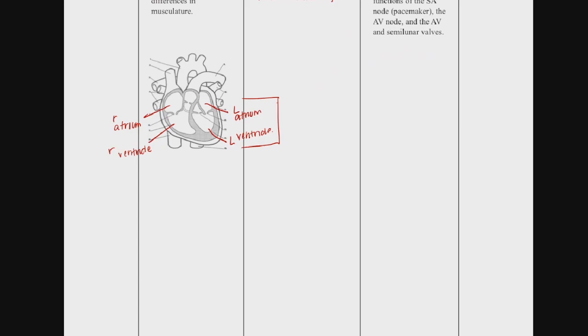There's not a lot of force that needs to be in the atrium. We can see here how much thinner this muscle is comparatively to how thick this ventricle muscle is. And that's because the atrium don't need that much force. They're not pumping the blood. They're not pushing it anywhere. It's more of a place where the blood flows into. So that is what explains the thinness of those walls.